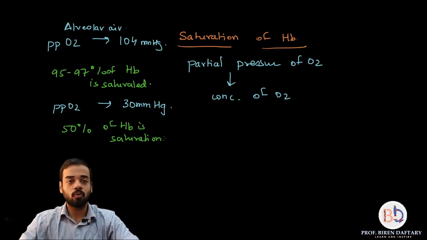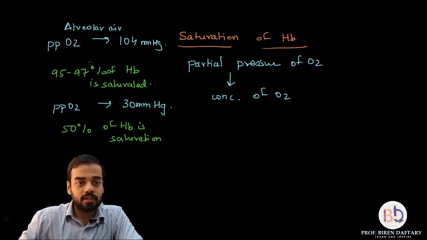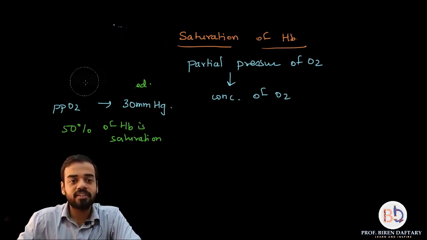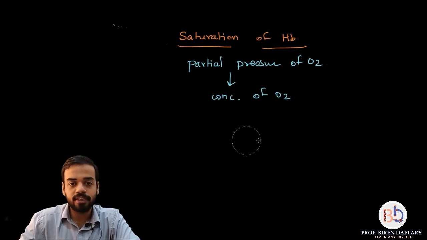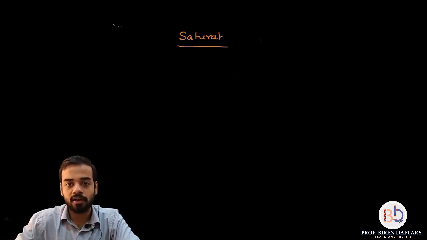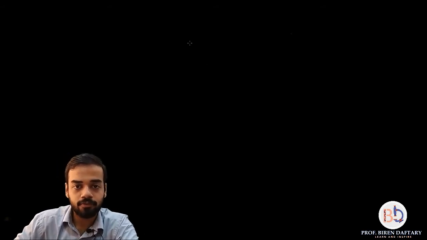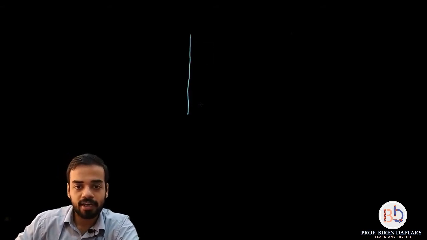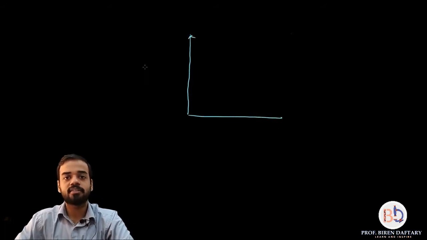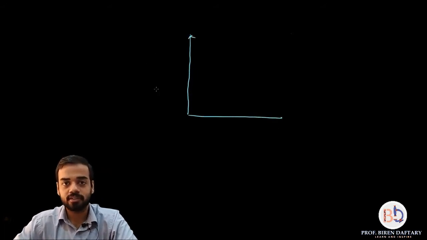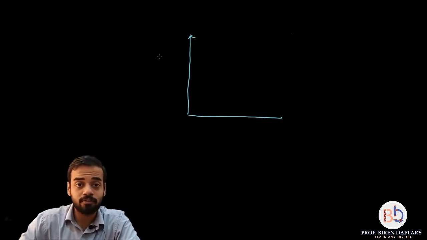Okay. Now, taking whatever we have studied into account up till now, we can actually draw a graph. On the y-axis, I am going to take saturation of hemoglobin with oxygen.